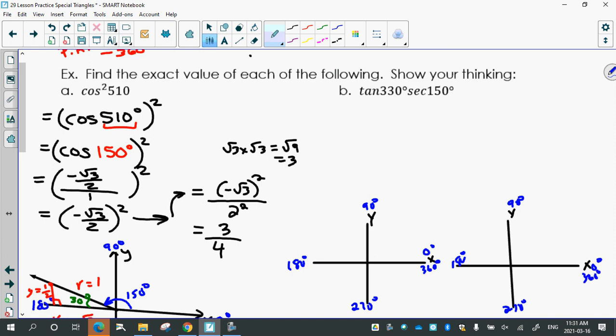I'm going to do 330 first. It's in the 4th quadrant closer to the x-axis. So this is 330, which means there's only 30 degrees left to get back to where you started. So it's going to be a 30-degree special triangle in the 4th quadrant.